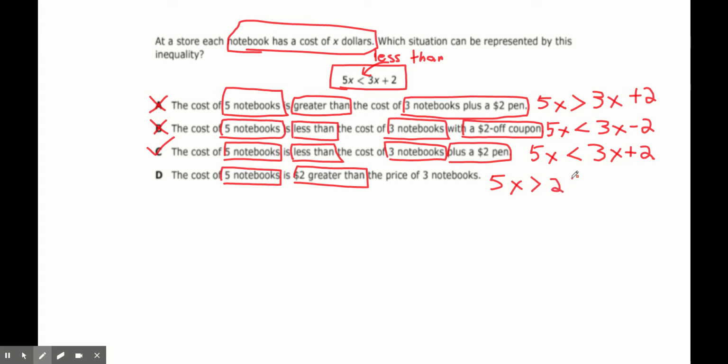So here we've got 5 times X is greater than 2 plus 3 times X. Does that match what we have up here? It's kind of similar, except again, our inequality symbols are flipped. Here we have less than, here we have greater than. That cannot be correct. So our answer is C.